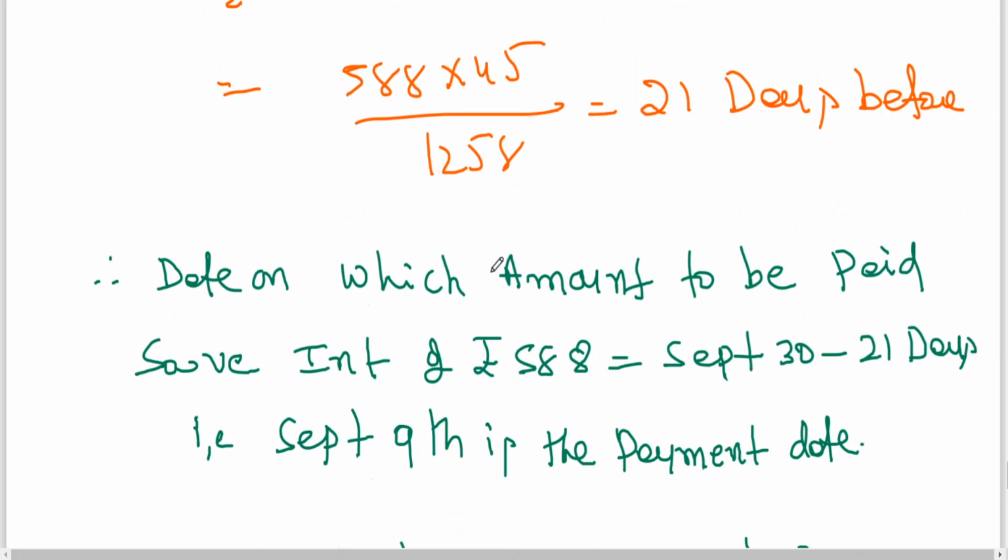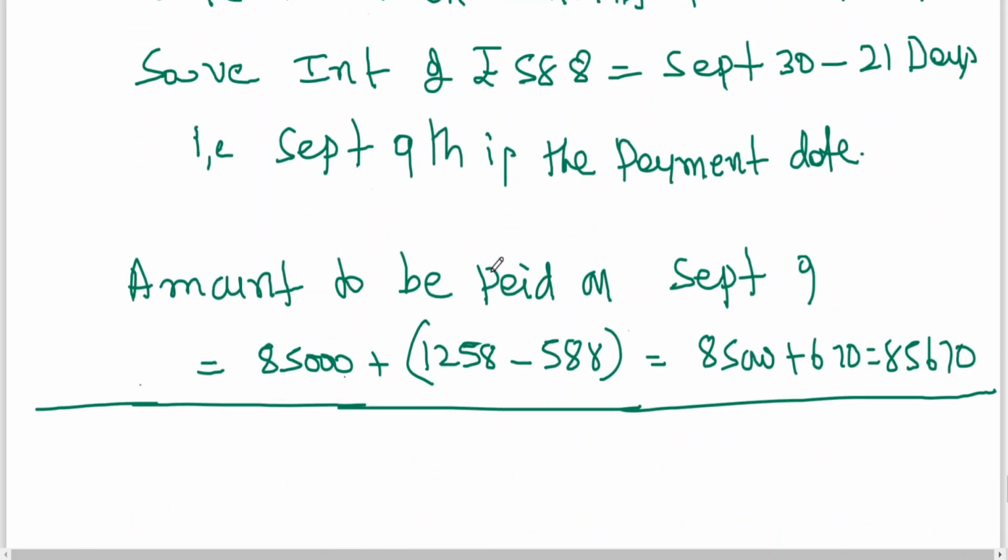From 16th August to September 9, 16th August means balance 15, 15 plus 9, 24 days. Interest for 24 days is 85,000 into 12% into 24 by 365. You'll be getting 670 rupees, nearly 670.68, rounding off to the nearest rupee, 670 rupees.